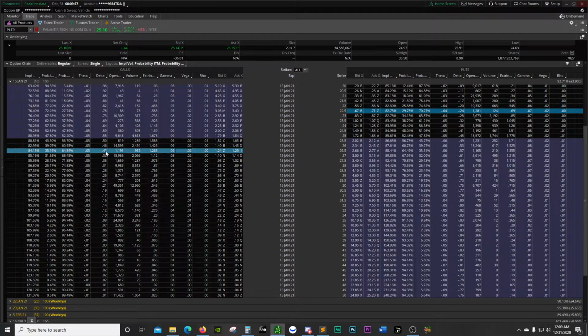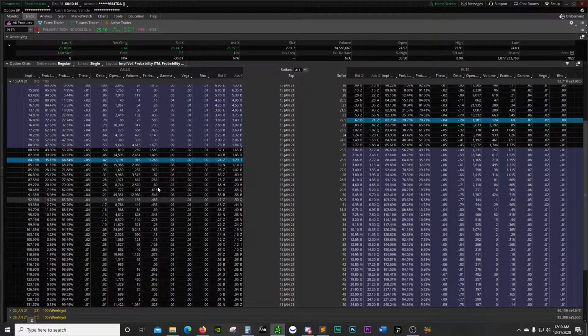So it's a relative number. It's not quite exact, but it's very close. You can use it as a barometer to look at the delta when the price moves, how much of a change delta is going to be, and gamma is going to give you that number.